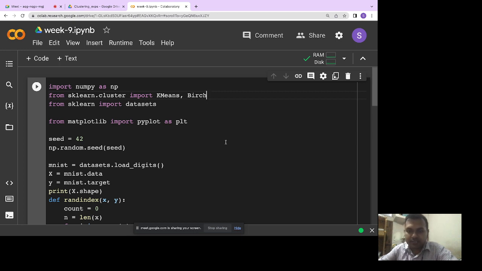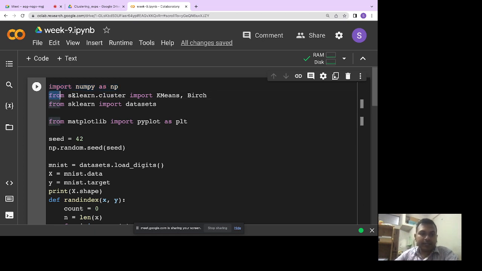So k-means and BERT are the two algorithms. I'll show you the questions after this. These are the two algorithms that they have asked us to write. So let me go through the code. NumPy you will import, because it is the numerical package provided by Python.